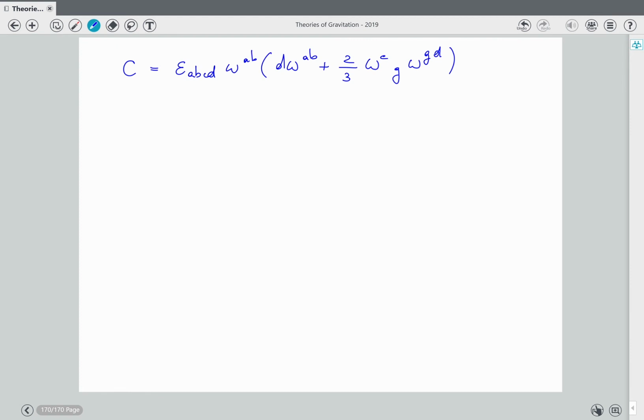So it depends on the coordinate system you use. It's not invariant. So this is defined only chart by chart. And it is invariant under diffeomorphisms because it's a form, but it is not invariant under local Lorentz transformations because it uses the connection.